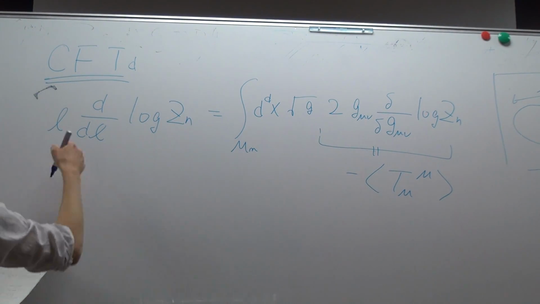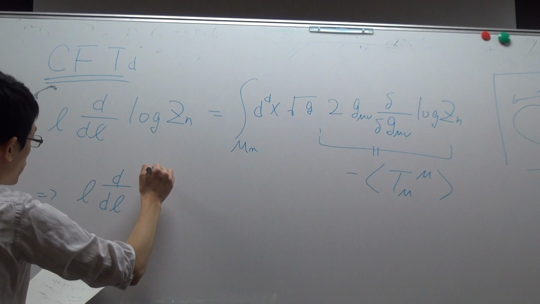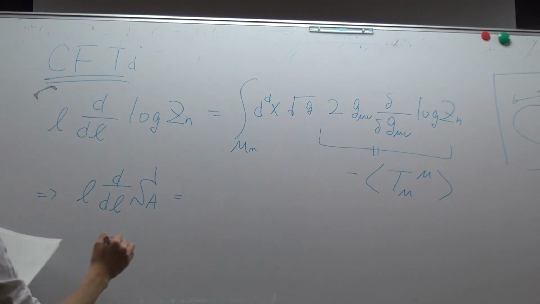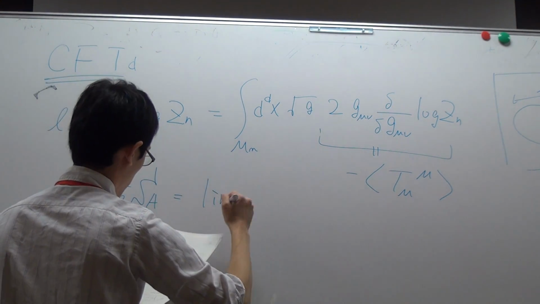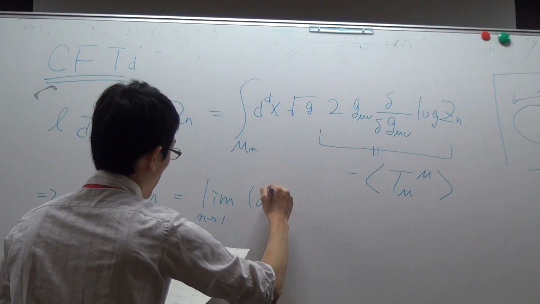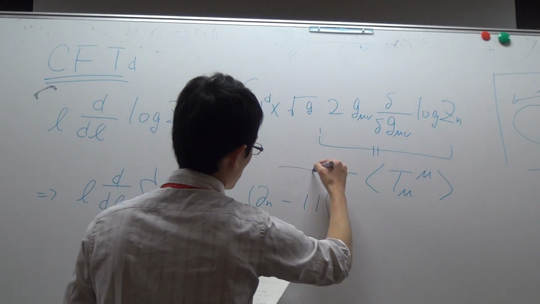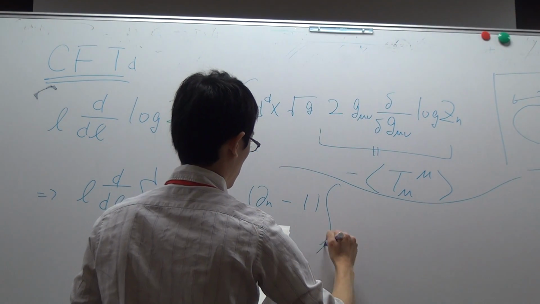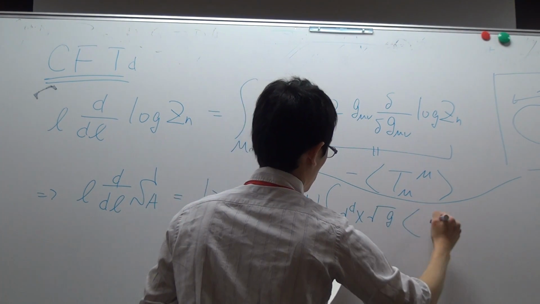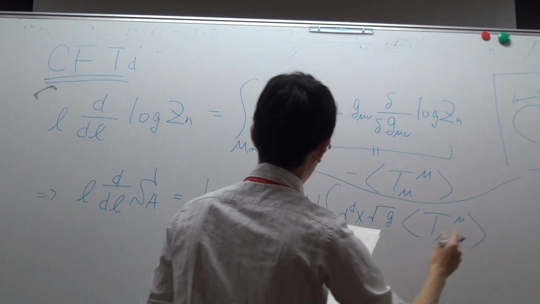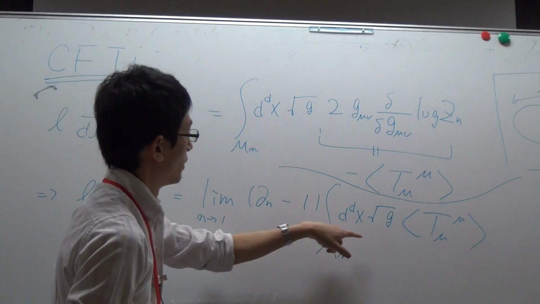So then, by using this relation, the rescaling of entanglement entropy, if you recall the definition of the entropy, then you see that you act this differential operator, and then the rescaling of the entropy is given by this guy.